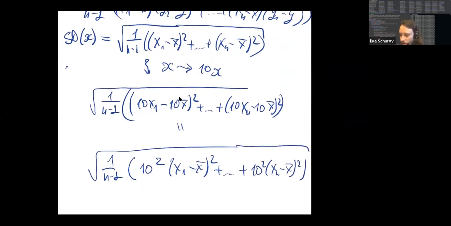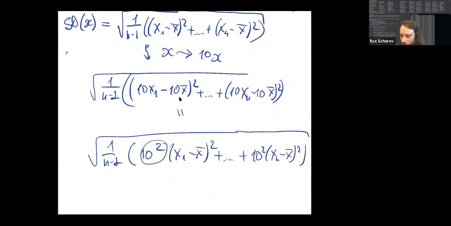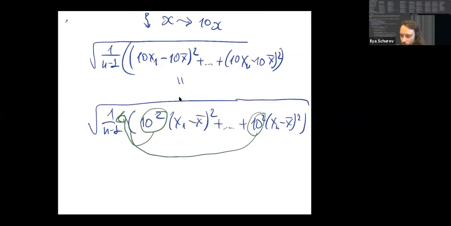And so we have this 10 to the power 2, but when we take a square root, basically you can move this 10 to the power 2 here, and then you can write it like this.